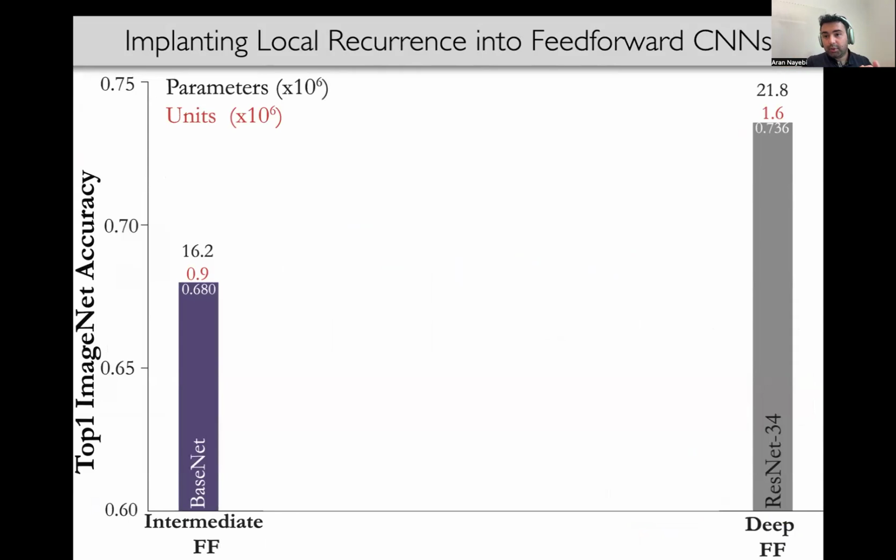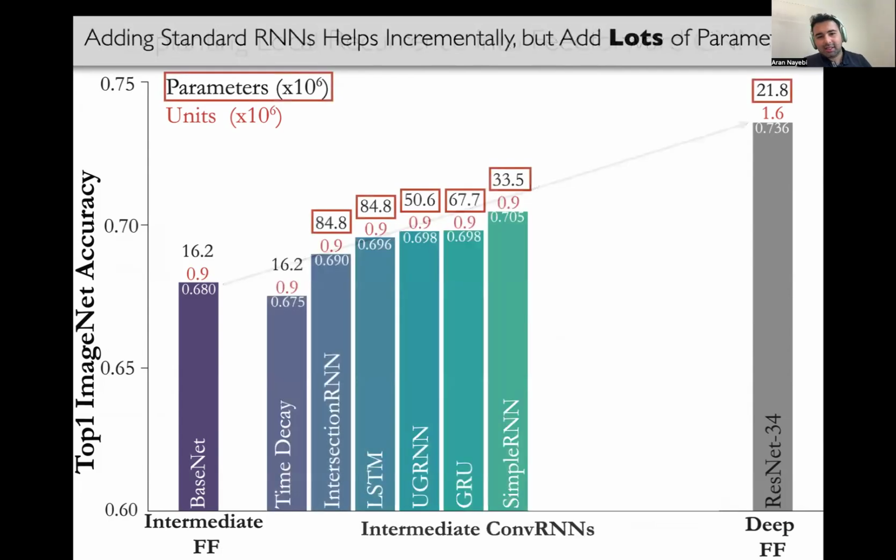Specifically, if we started with a shallow feed-forward model like this BaseNet on the left, and tried to climb to the performance of a doubly deeper ResNet34 that's maybe closer to human performance on ImageNet, what we found was that just implanting standard convolutional versions of recurrent circuits that existed, like LSTMs and GRUs, et cetera, would very barely improve the top one ImageNet accuracy, but they would also add lots of parameters too.